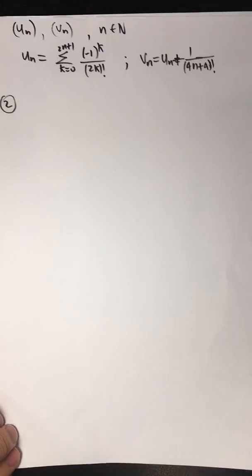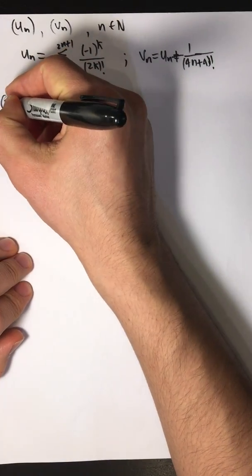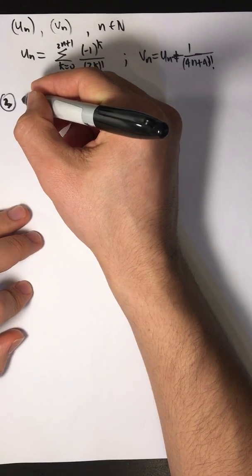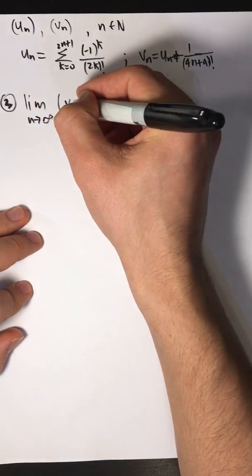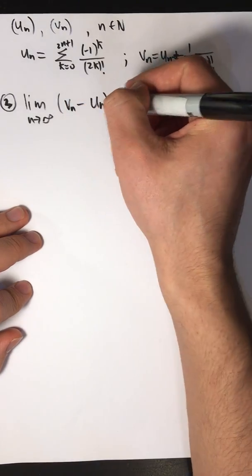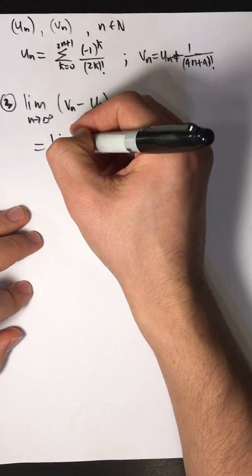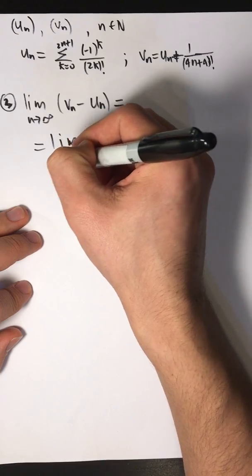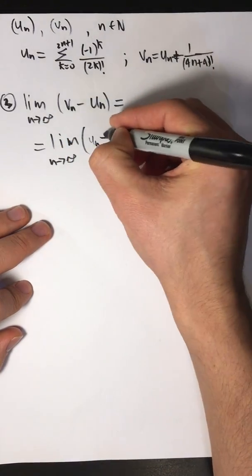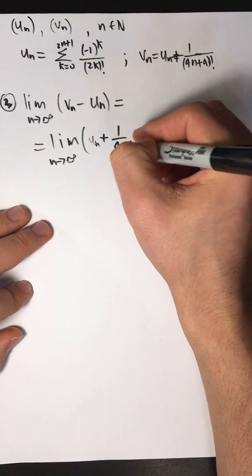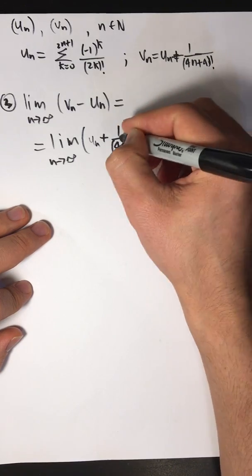And now the next step is not the second step but the third step. We need to check the limit as n goes to infinity of Vn minus Un. So what is Vn? In the question, Vn is given as Un plus 1 over 4n plus 4 factorial.